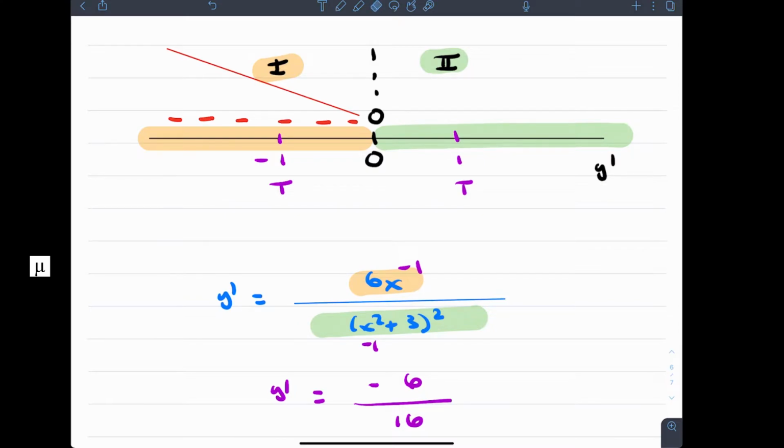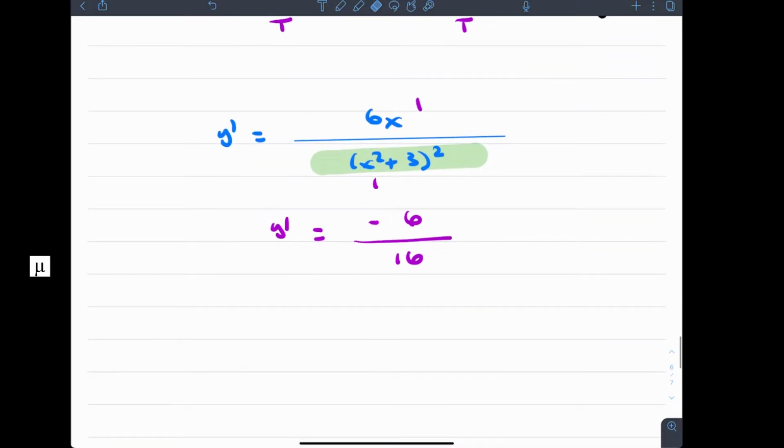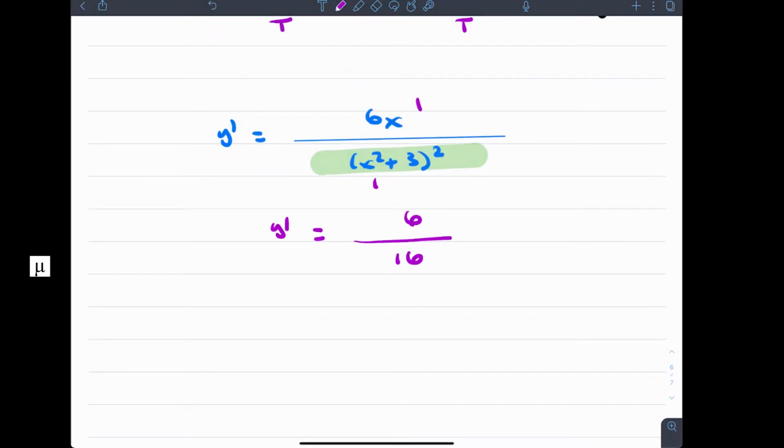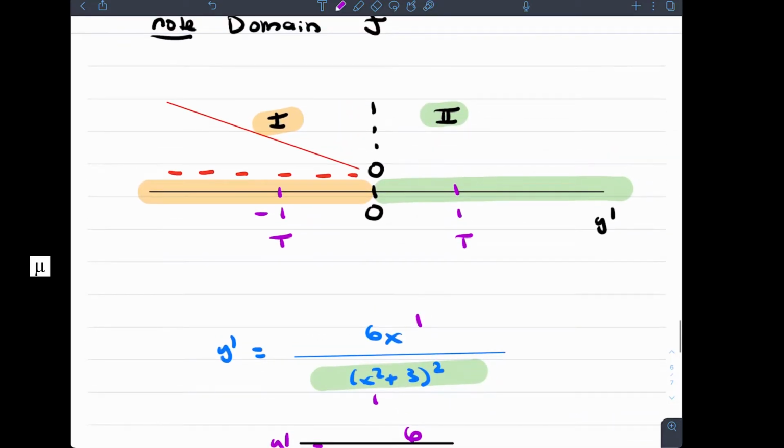Plug in now +1. What happens when you do that? Isn't 6 times 1 6? 1 squared plus 3, isn't that 4? 4 squared 16. This is positive. So ladies and gentlemen, here's the deal. Region 2 is positive.